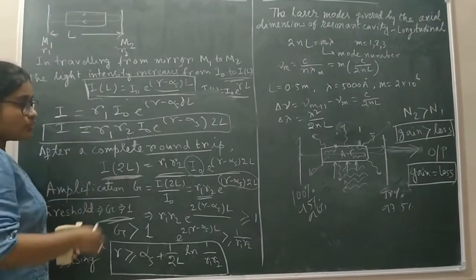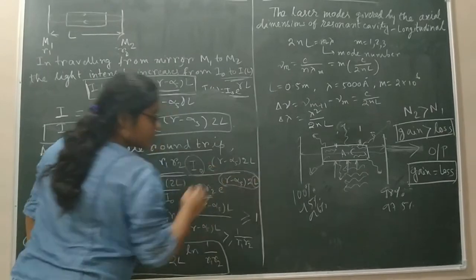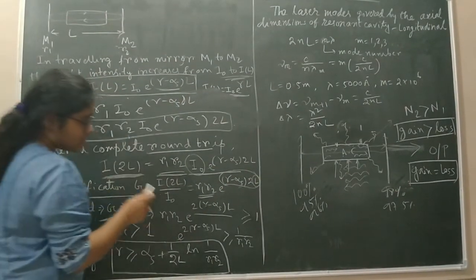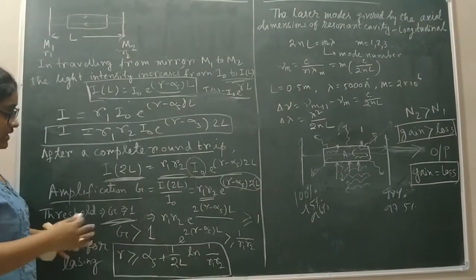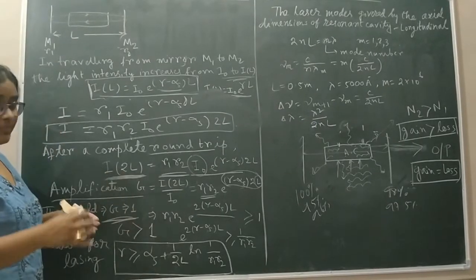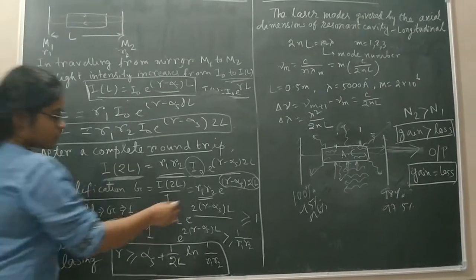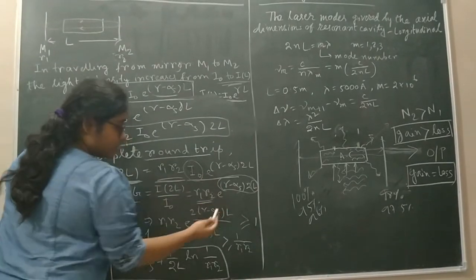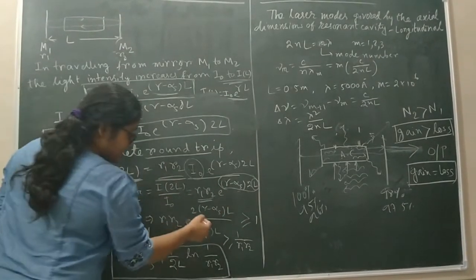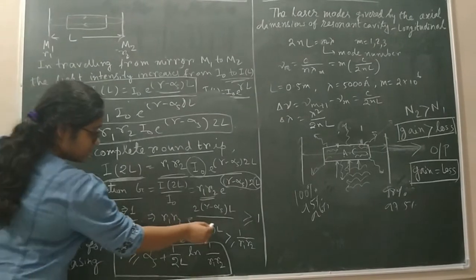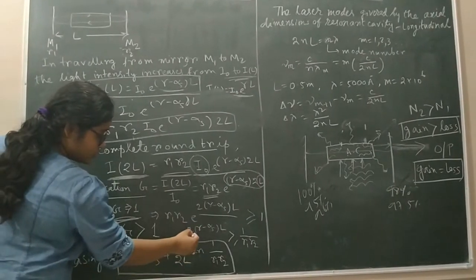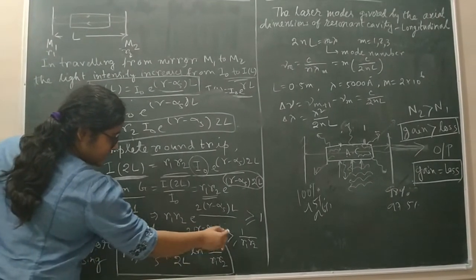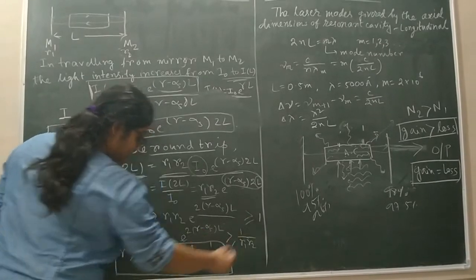So what we can do is adjust the length of the oscillator and adjust the losses, so that losses are minimum and gain is maximum. We take the term that is in our control, that is, e to the power 2 times gamma minus alpha s, times L, is greater than or equal to 1 over R1 R2.